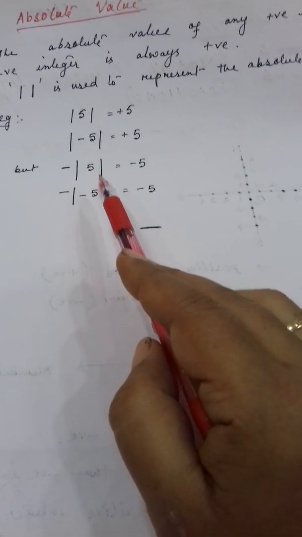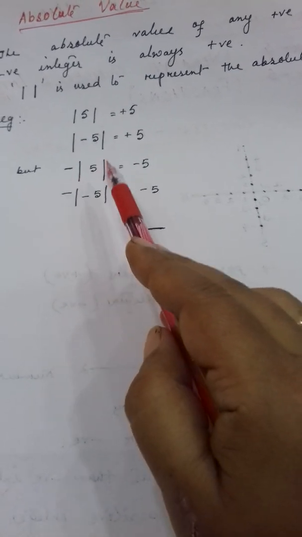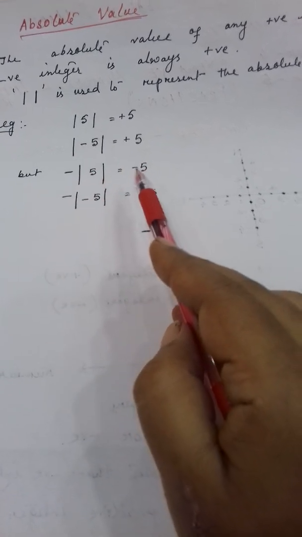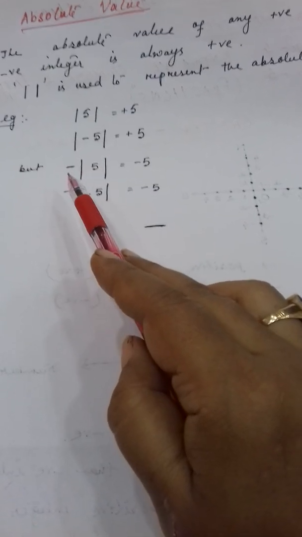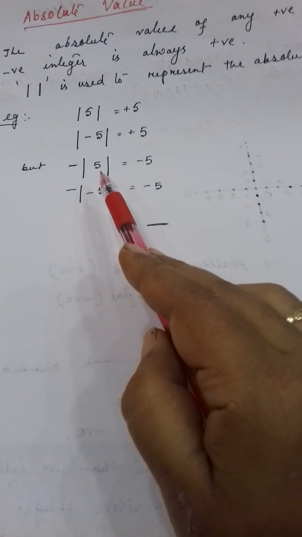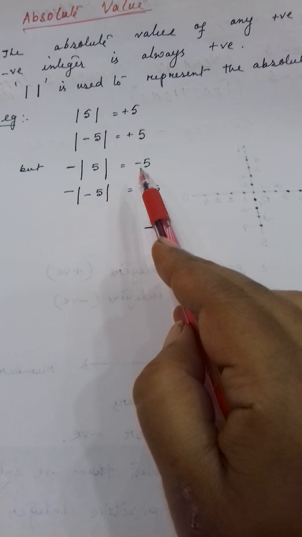Clear? Then its absolute value will be negative. First you will consider the absolute value +5, and because this minus sign is outside of the modulus symbol, it will not be considered as part of the absolute value. So this minus sign will be added separately, meaning it will be -5.